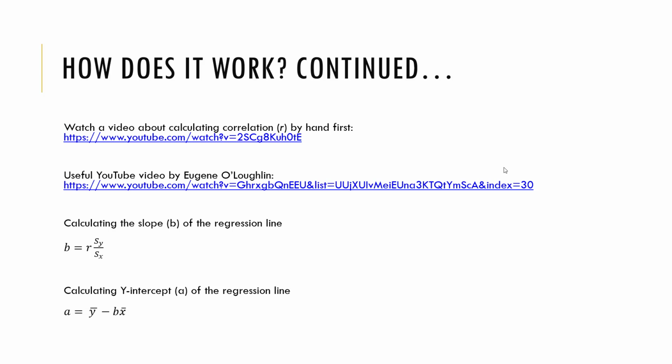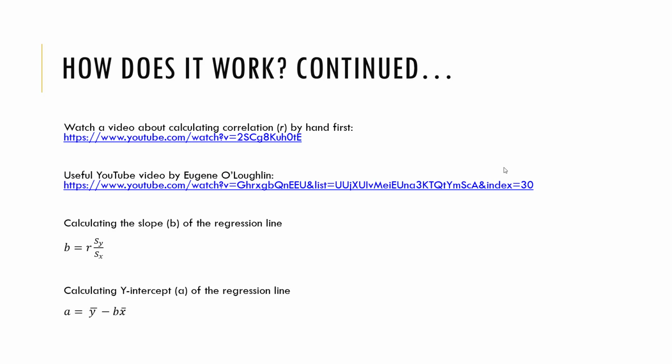You don't need to know this, but if you wanted to calculate the slope B of the regression line for each of your predictors, or if it's a simple linear regression for your only predictor, then B would equal R, which is the Pearson's correlation coefficient, multiplied by the standard deviation of Y divided by the standard deviation of X. So Y is your outcome variable, X is your predictor.